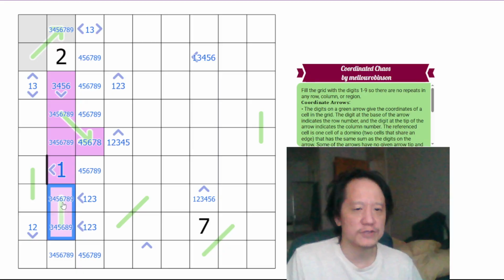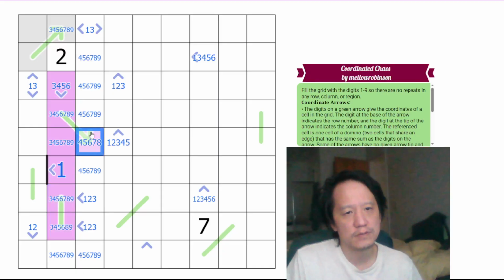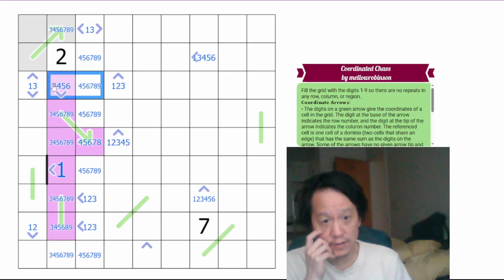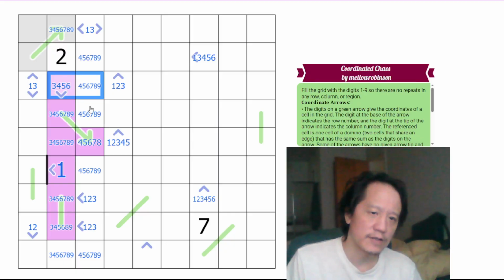The only reason why I was thinking this is that this points to this cell. Otherwise, if you use some other 3 here, I guess it could point to that technically. But okay, so then if you have another cell here, it points to that.